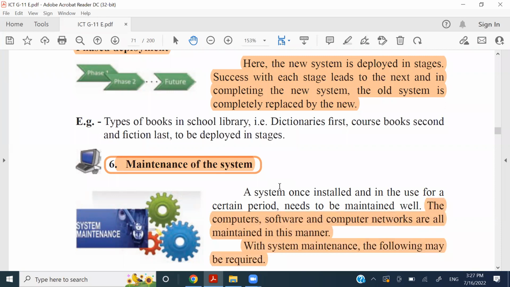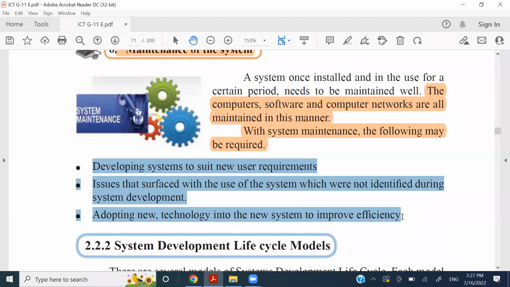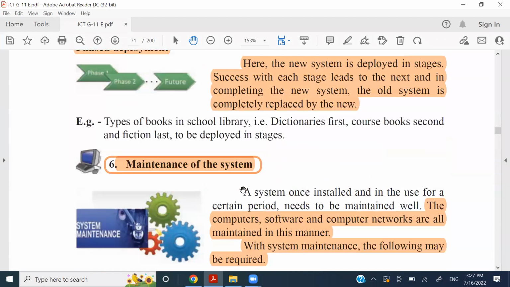Okay, once you are done with the phase deployment, go on with these. So you have to write these 3 points as well. For the moment, I'll keep it like this. So if you are done, you can continue, right?